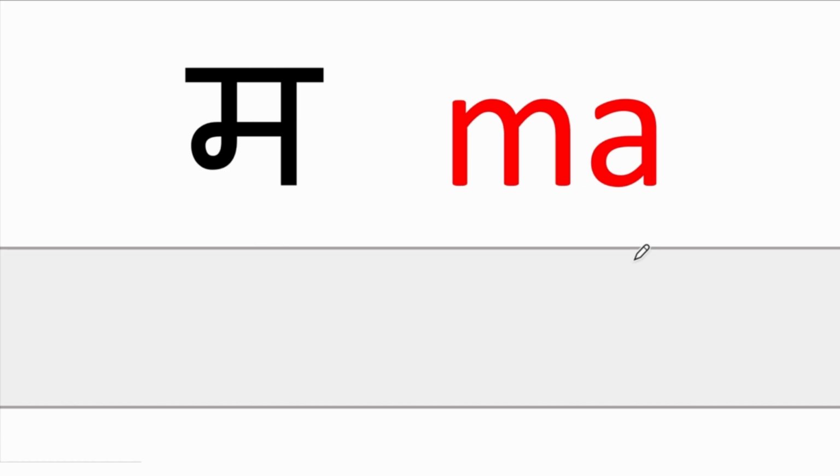The last consonant of 5th line is ma. Ma. Now let's learn how to write ma. It's very easy once again because the pattern is the same as writing bha.